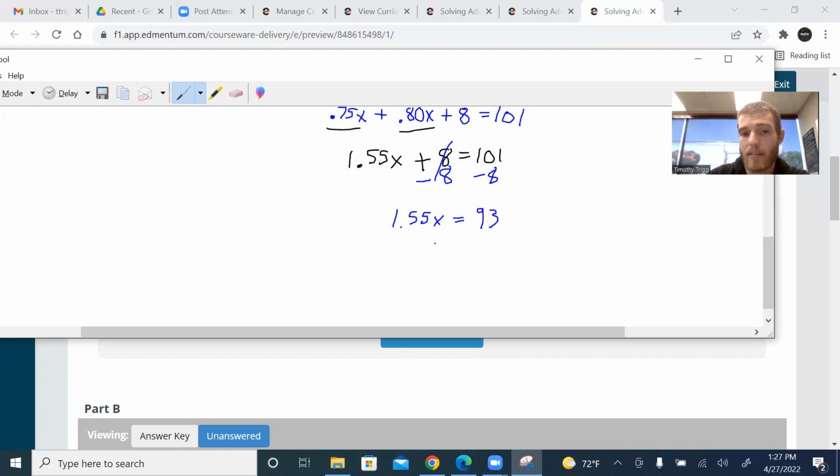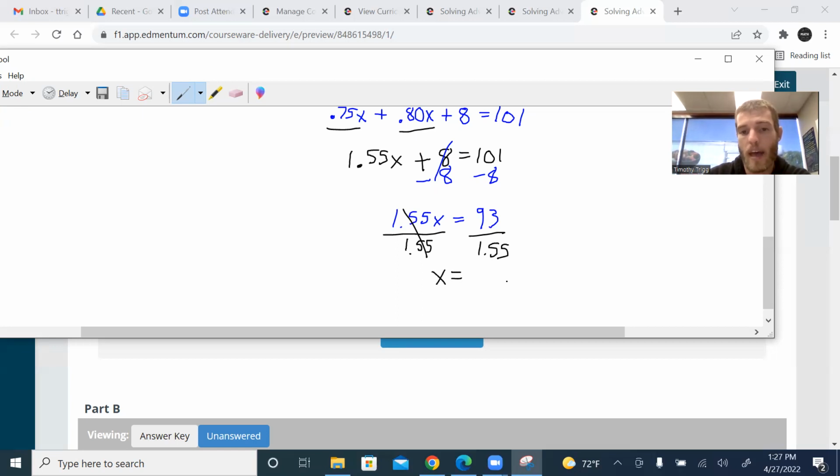Then to get x by itself, we're going to divide both sides by that coefficient there. This coefficient in front of x, this 1.55x, means these are multiplied: 1.55 times x. So to cancel it, you divide by that coefficient, and you divide on the other side of the equation also.